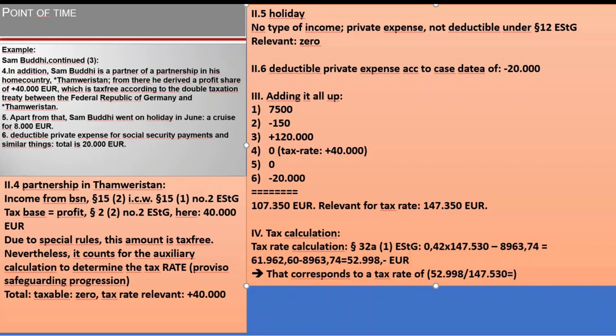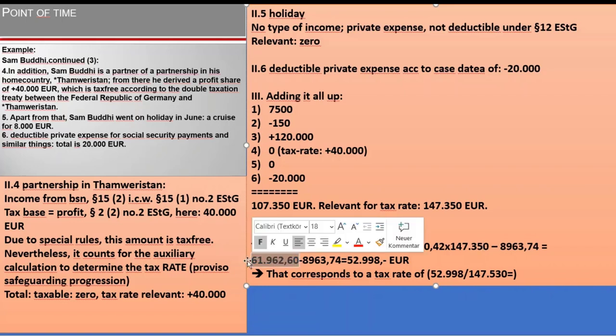That was, no, not 530, 350. Okay, I have spoiled it all. Ladies and gentlemen, what a catastrophe, everything wrong. These are the usual mistakes.